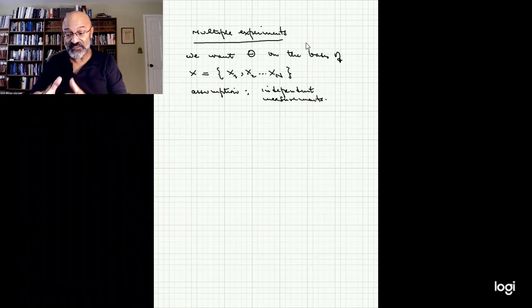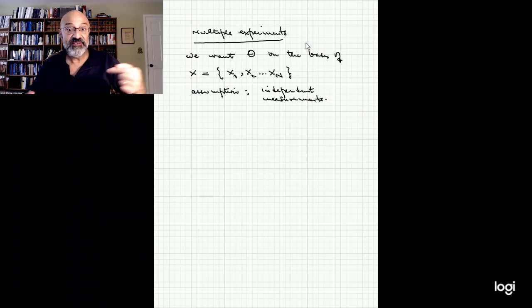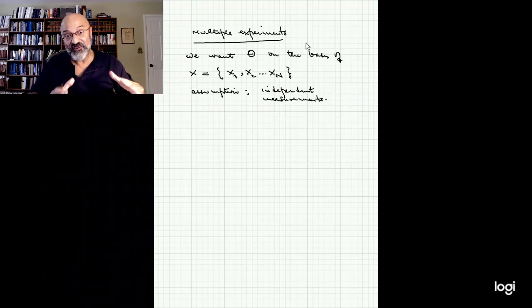If the result of your second experiment depends on what you got for the first one, then perhaps you forgot to recalibrate your equipment, perhaps you didn't let it settle down enough, perhaps you really don't want the first measurement to influence the second one, right? So it is a matter of experimental competence to ensure that when you repeat experiments, they're going to be independent of each other.